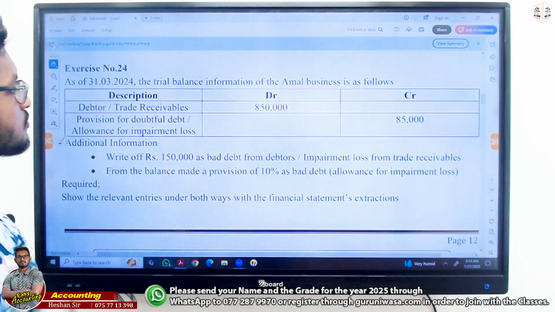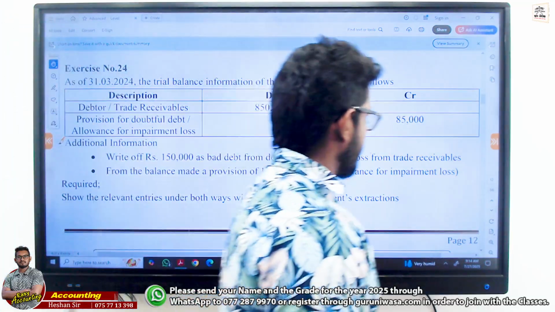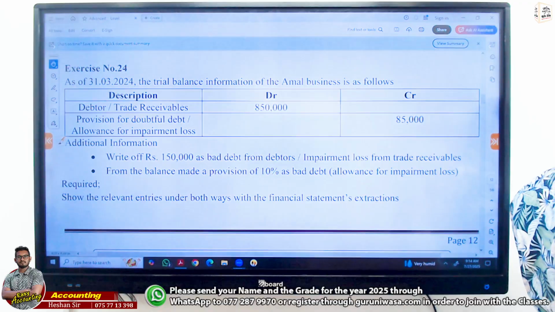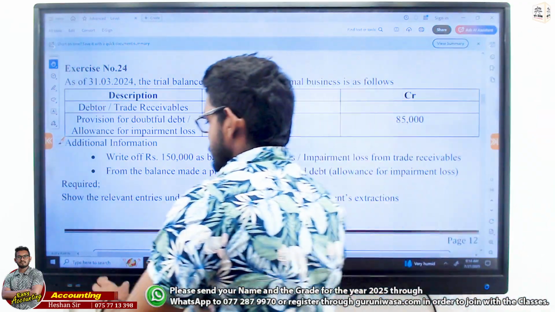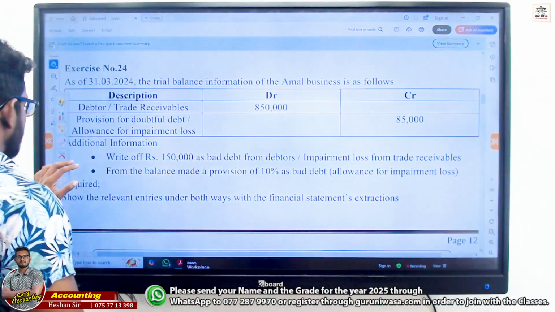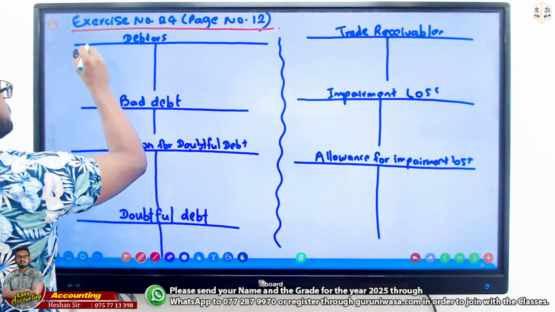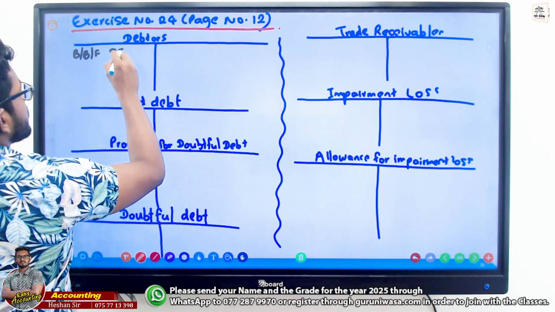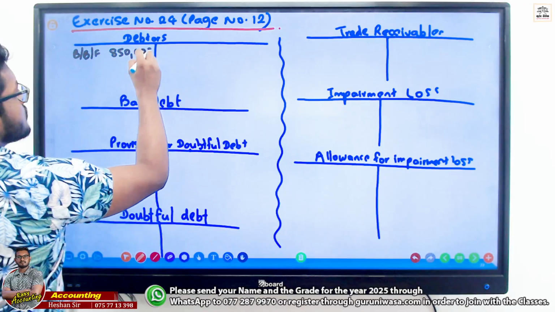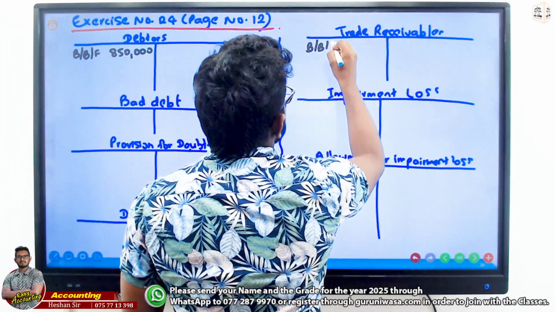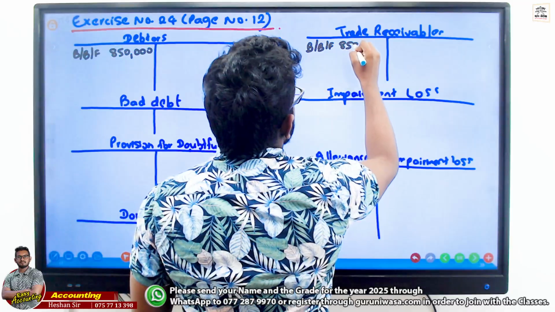Now trade debtors balance is 850,000. So I'll write balance brought forward, debtors 850. Here balance brought forward 850.